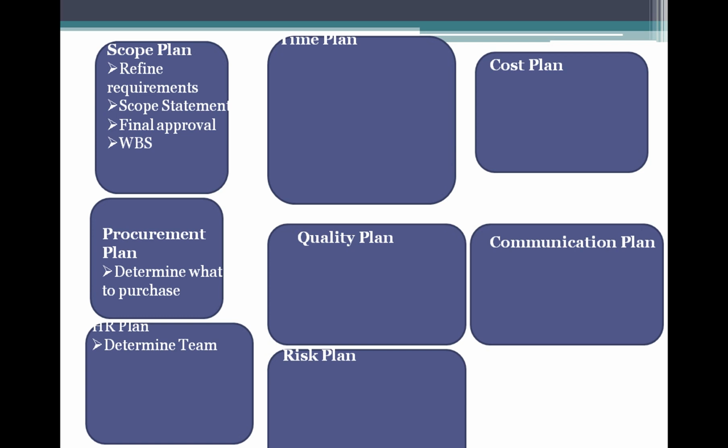In the work breakdown structure, the requirements are further broken down to the work package level. So he prepares the work breakdown structure and then he updates the work breakdown structure dictionary.